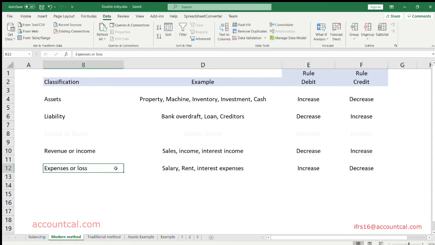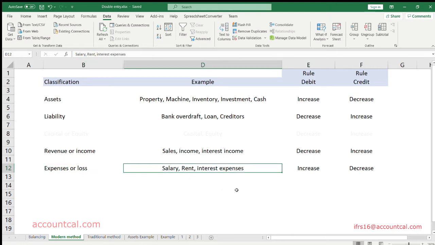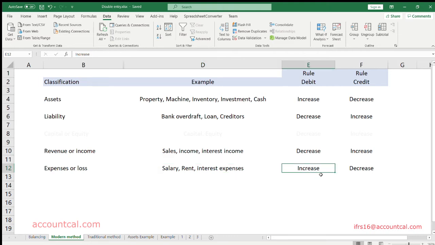For expense or loss, examples of expense or loss are salary, rent, interest expense, and there can be many. These are a few. When any expense increases, you debit that expense, and when that expense decreases, you credit that expense. So just opposite of revenue.